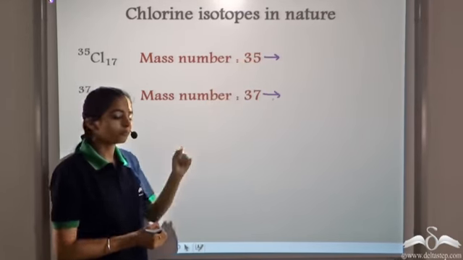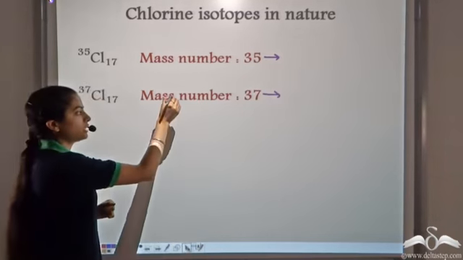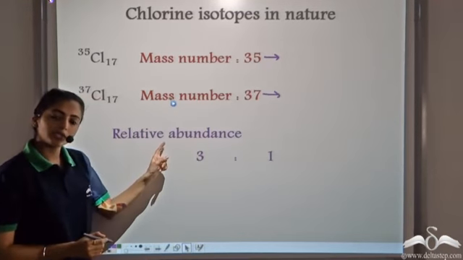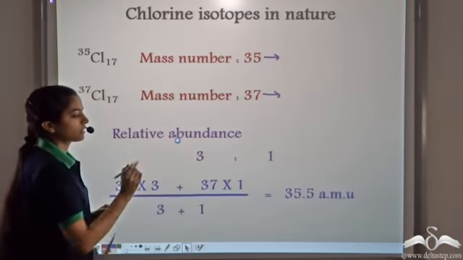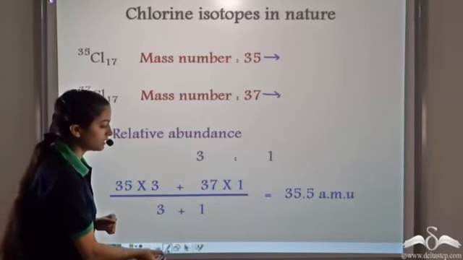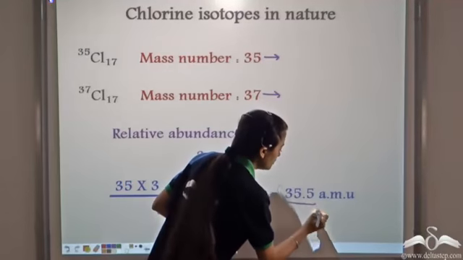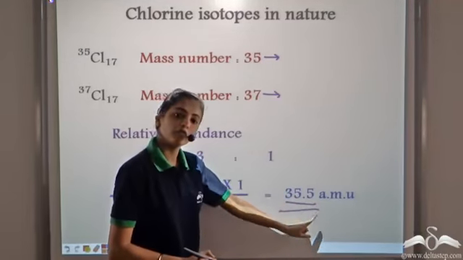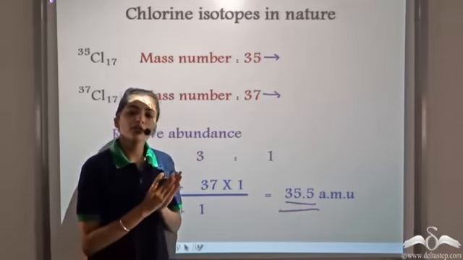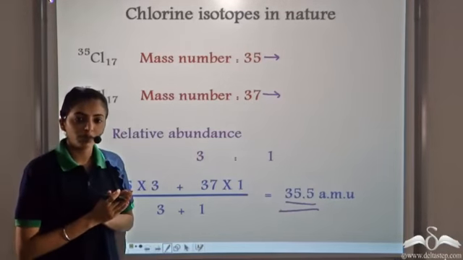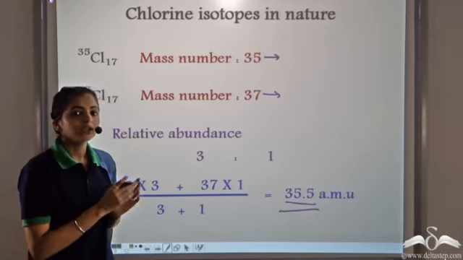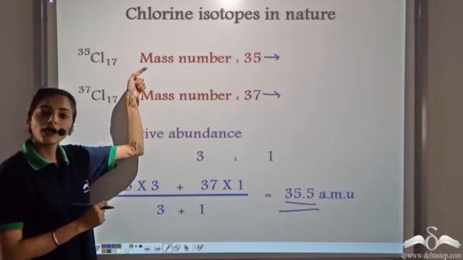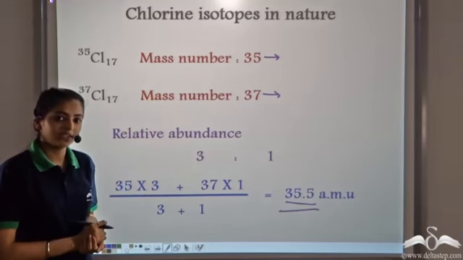The relative atomic mass of chlorine is calculated by taking into account the relative abundances, and this is how we get the relative atomic mass of chlorine to be equal to 35.5 atomic mass unit. So whenever we are calculating the relative atomic mass of a particular element, we take into account all the isotopes of the element which are present in nature.